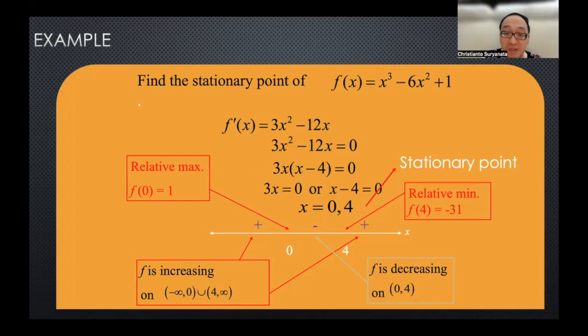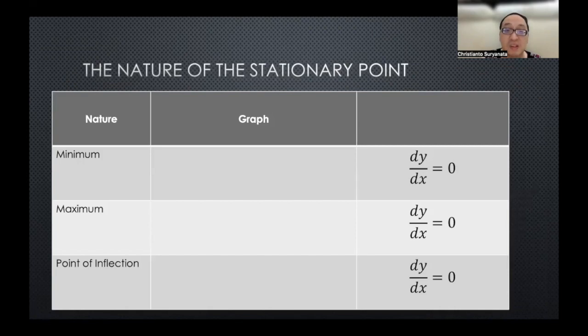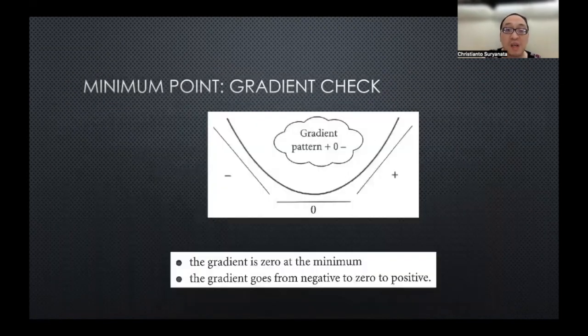And we can find the stationary points using this method, the first method, the gradient check. If before the stationary point we have a negative gradient, which is a decreasing function, and after the stationary point we have a positive gradient, or increasing function, then we have a minimum point.